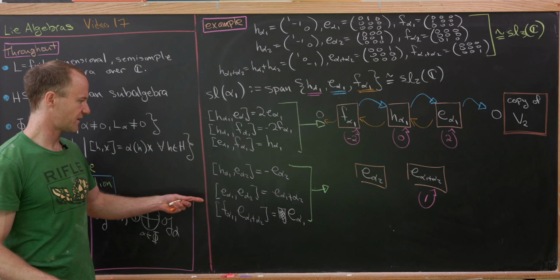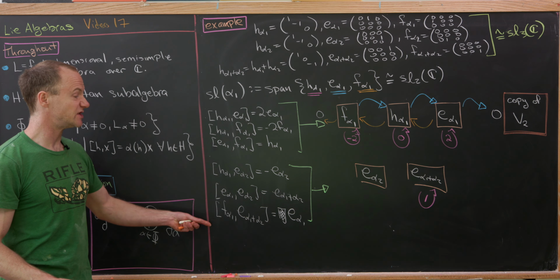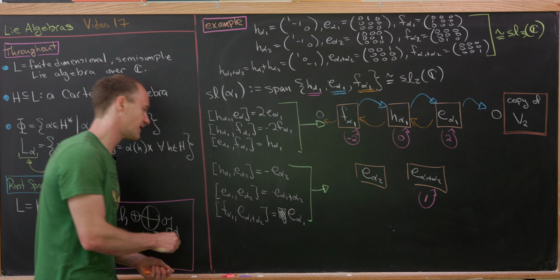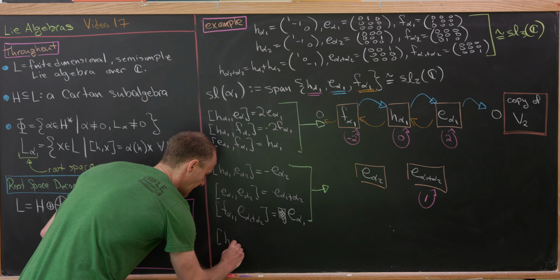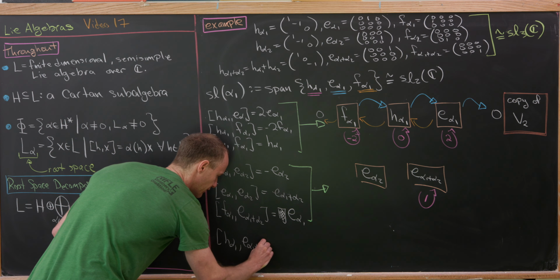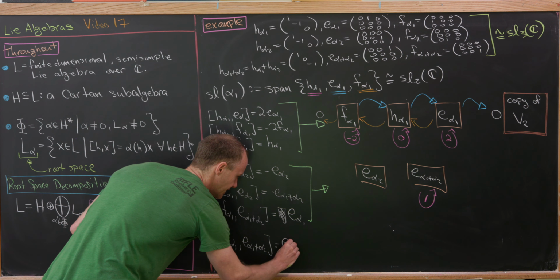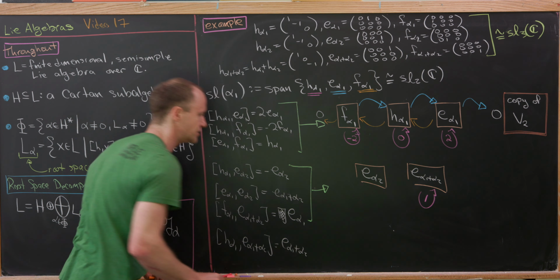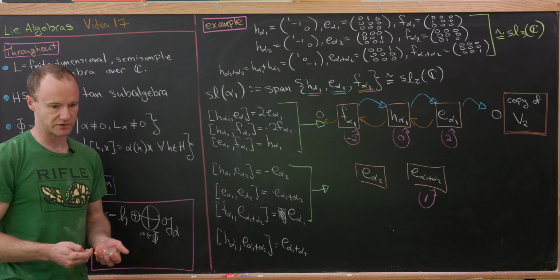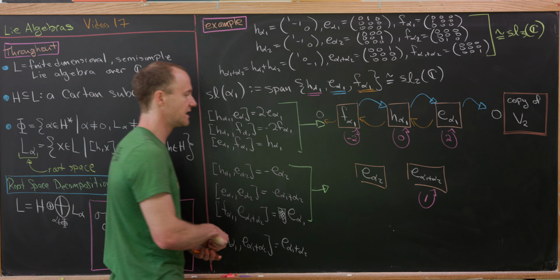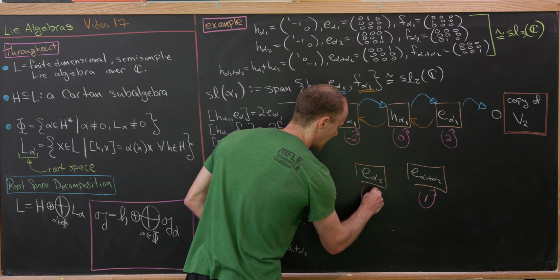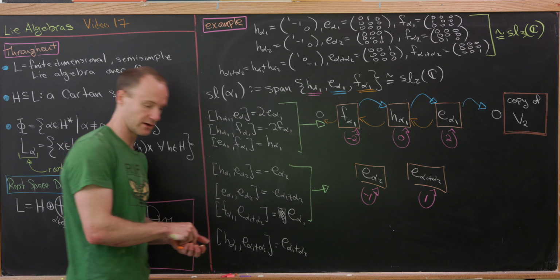I didn't do the calculation, but maybe I'll write that down. If we do H alpha 1 with E alpha 1 plus alpha 2, you end up with E alpha 1 plus alpha 2. You can do the matrix multiplication if you need to. And then this E alpha 2 had an eigenvalue of minus 1.